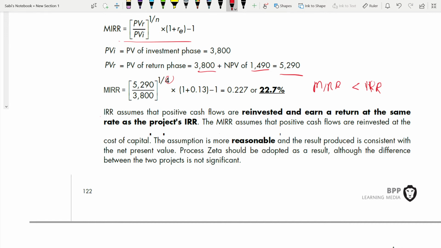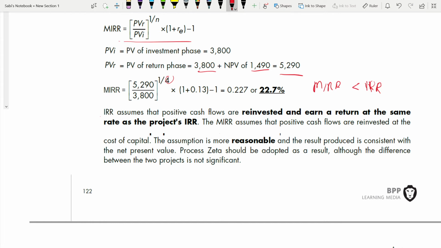In short, the assumption is more reasonable at which rate? At the MIRR rate, because MIRR is consistent with net present value. So project zeta should be adopted as a result, although the difference between the two projects is not significant.